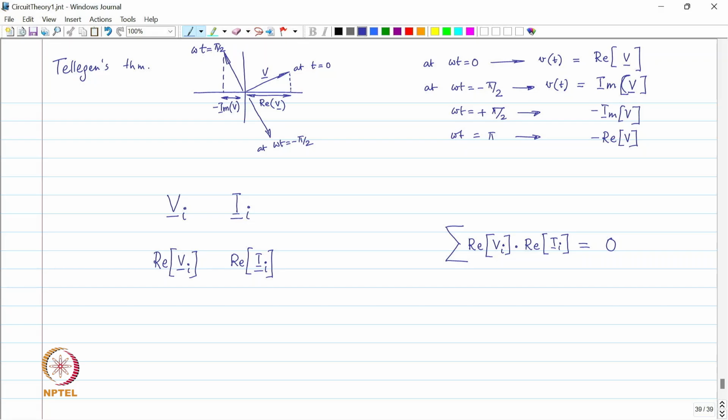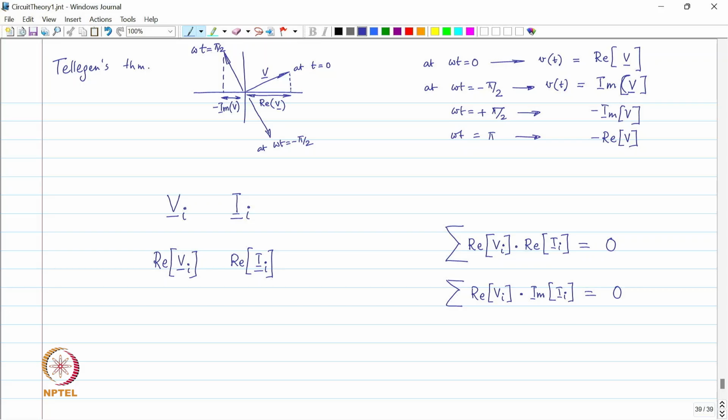But it is the same circuit, the graph is not really changing. So, therefore, the sum of real part of V sub i times imaginary part of I sub i is also equal to 0, because it is the same graph. I just changed the time: the voltages are all measured at omega t equal to 0, the currents are all measured at omega t equal to minus pi by 2.